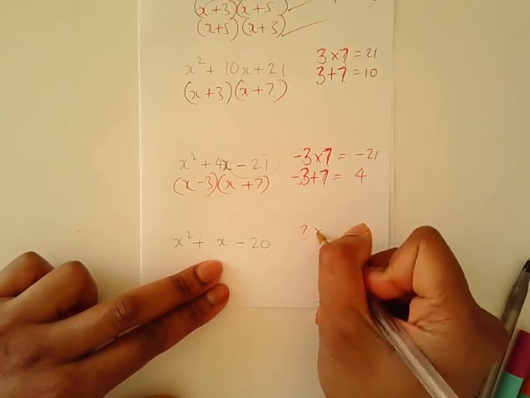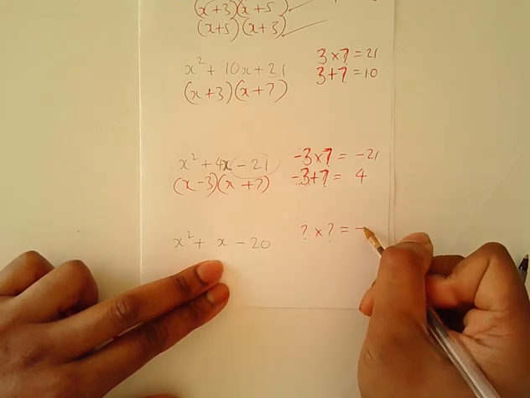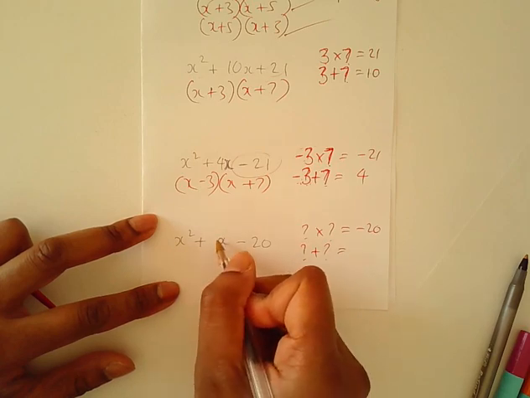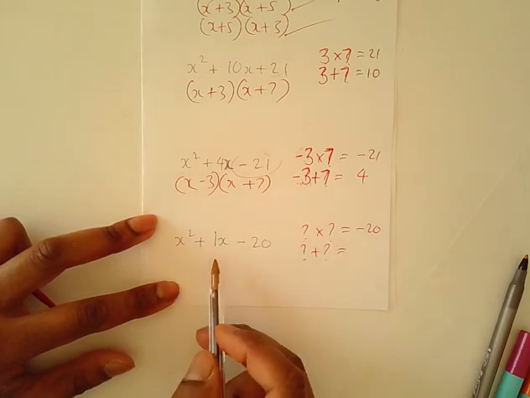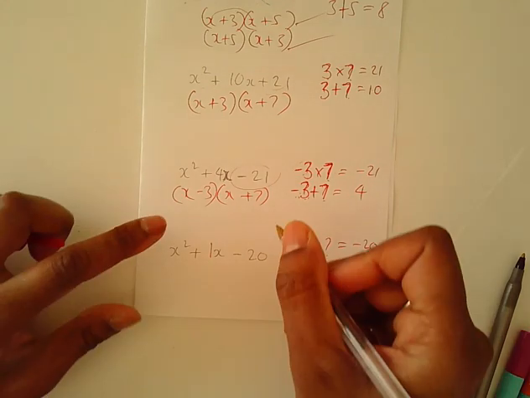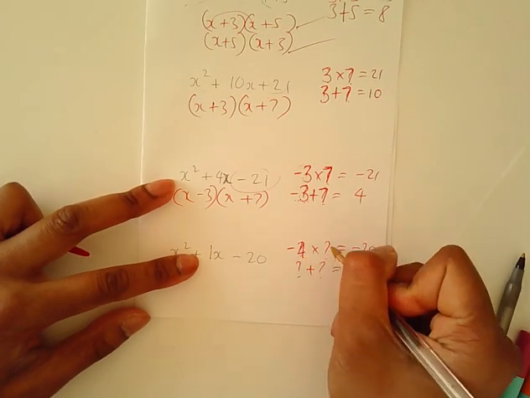Again, what two numbers multiply together to give you negative 20, but when added together give you, well, you can put a 1 there to help you, 1? The number that comes into my head right now is negative 4 and 5.